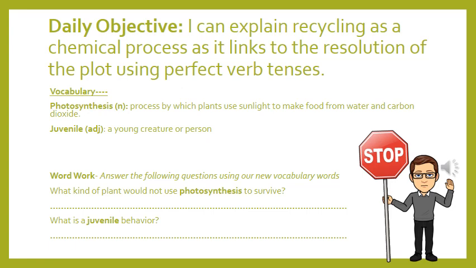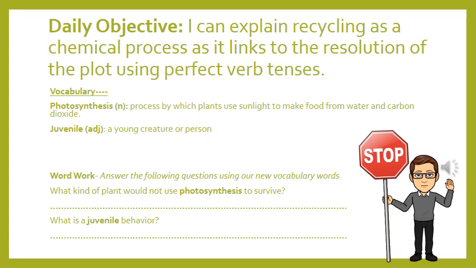They take in sunlight and carbon dioxide, and what they release is breathable oxygen. So they take in the bad air and then they purify and cleanse it. Second is juvenile. It's a young creature or person. All of you scholars are juveniles, which means that you're younger people.